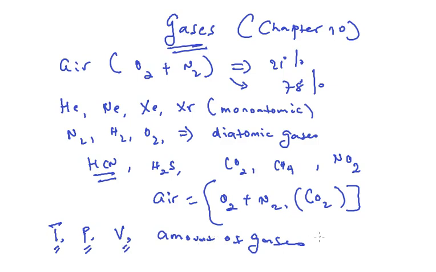The amount of gas can be abbreviated as N. N refers to amount, which in chemistry is defined as the number of moles. Let me write down N for you. So these are the four properties that pretty much define the state of the gas sample.